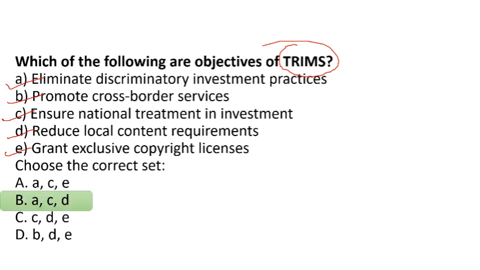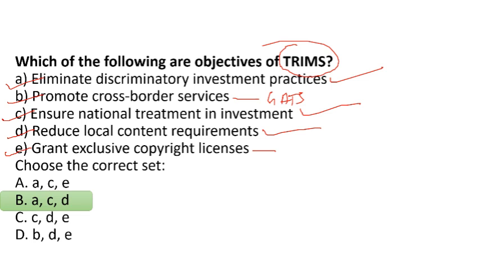All right, so the right answer is option A, C and D. That means eliminate discriminatory investment practices, then ensure national treatment in investment, and then D, reduce local content requirements. Correct. Promote cross-border services, that means what? It is related to the GATS.